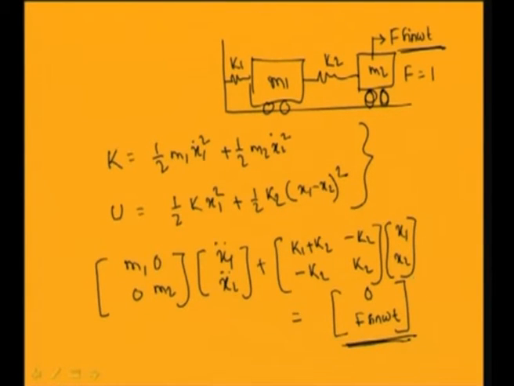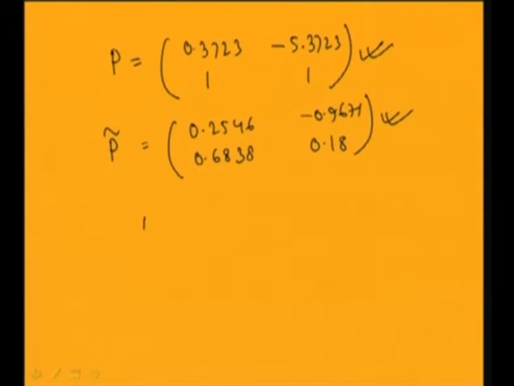Now using this weighted modal matrix I can write this equation M x double dot plus K x equal to F in this case.